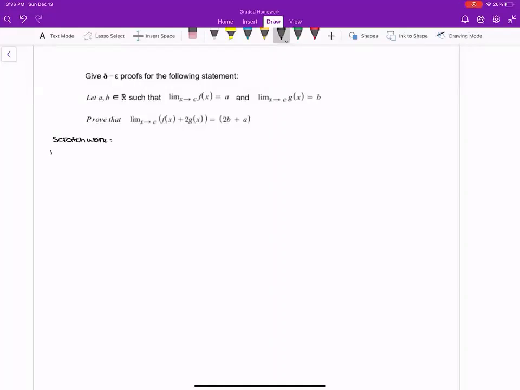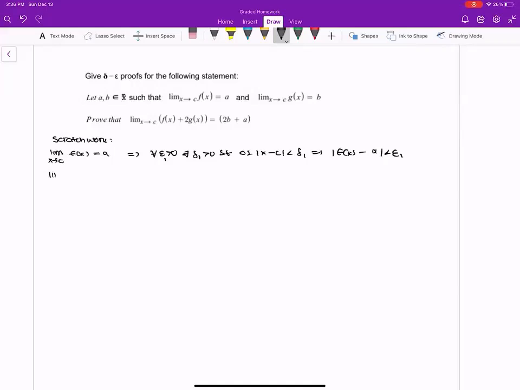So we're given limit of x approaches c of f of x equals a. So we could write this as for all epsilon 1 greater than 0, there exists delta 1 greater than 0 such that absolute value x minus c less than delta 1 implies absolute value f of x subtract a less than epsilon 1.